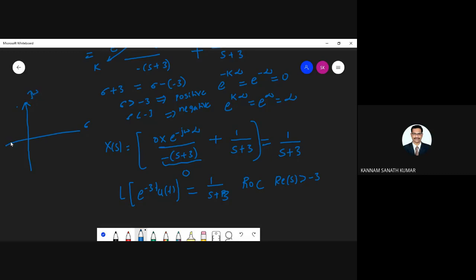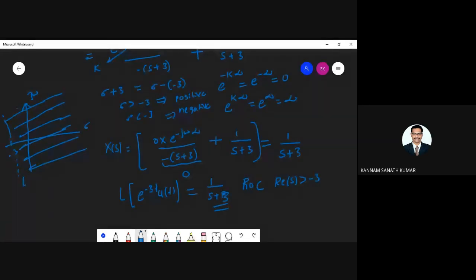Somewhere here minus 3 is there. If you draw the straight line, this is the ROC, sigma greater than minus 3. Like this you have to draw the ROC, and this is the Laplace transform for the given function.